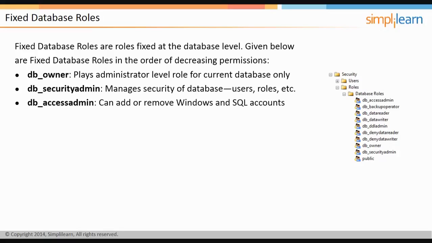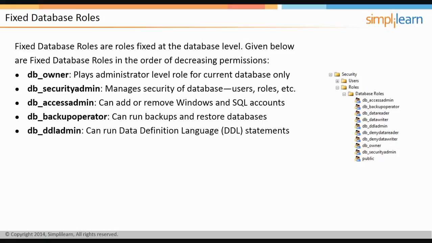The DB Access Admin role allows adding or removing both Windows and SQL accounts from the database. The DB Backup Operator role allows its members to run backups and restore databases to the server. The next role, DB DDL Admin, is one that can run data definition language statements, basically ones that can alter structures in the database.